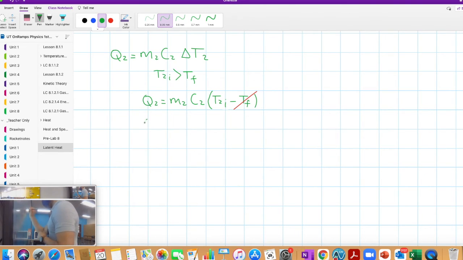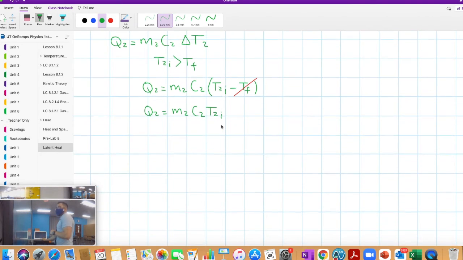So we have heat available, in this case Q sub 2, mass 2, it is still 1 kilogram, times specific heat. You know what? I'm going to write it again without the temperature final so you can see our final form of the equation.